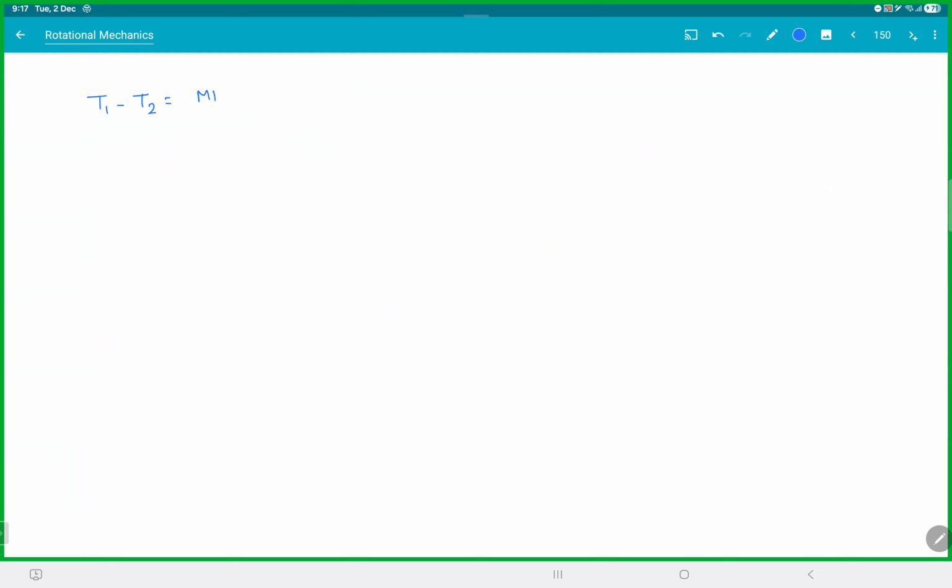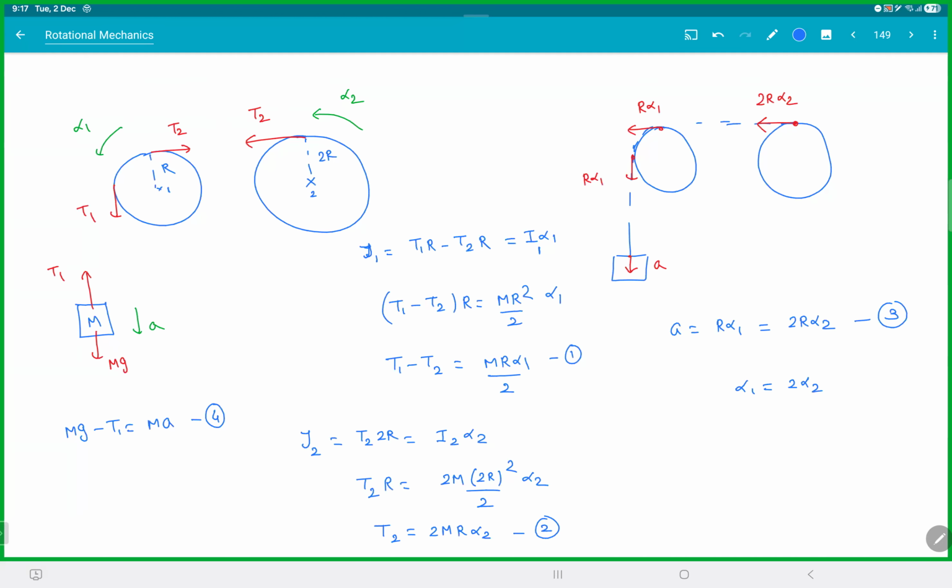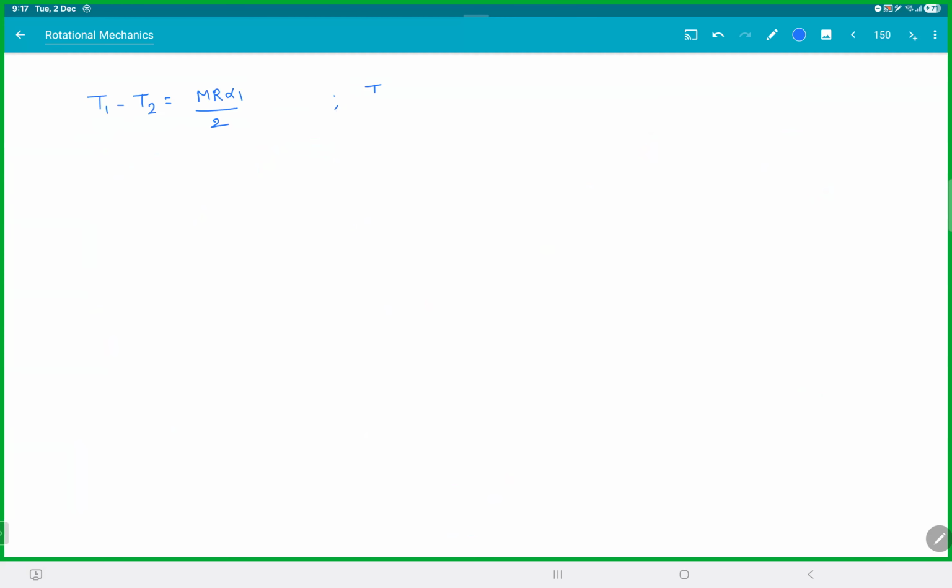T1 minus T2 is equal to MR alpha 1 by 2. T2 is equal to 2MR alpha 2. Mg minus T1 is Ma. A is equal to R alpha 1 is equal to 2R alpha 2. Great. So let's replace everything here.